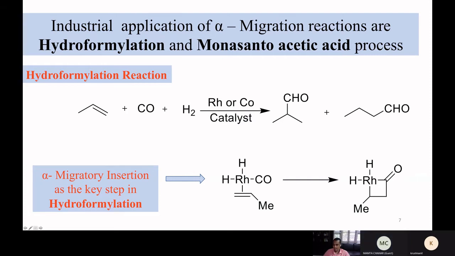Okay, so these two aldehydes, if they are forming, of course, this is something you don't want, because the properties will be similar. These two aldehydes, the branched aldehyde and the linear aldehyde. First of all, you would like to have a method which can give only one product. This is where you make the reaction perfect. You tune the ligand for the metal center, you tune the reaction conditions, you tune everything so that predominantly or exclusively you get only one product.